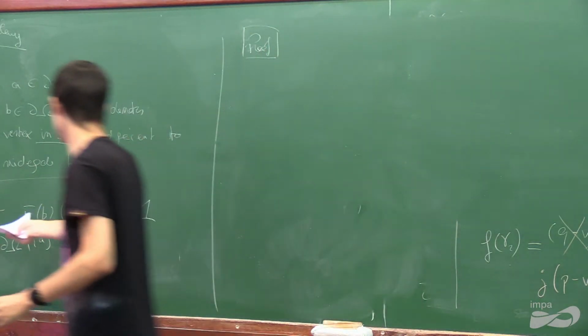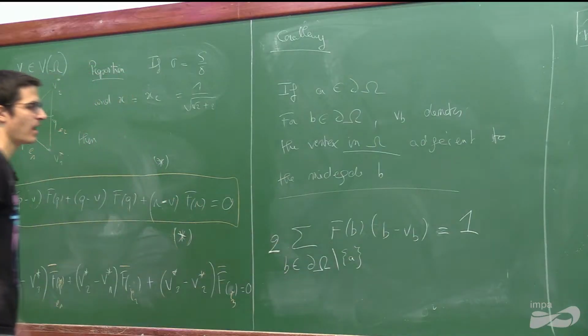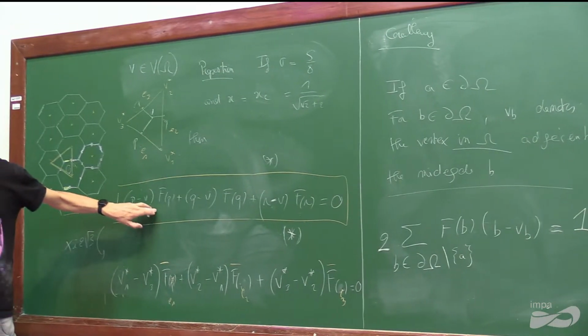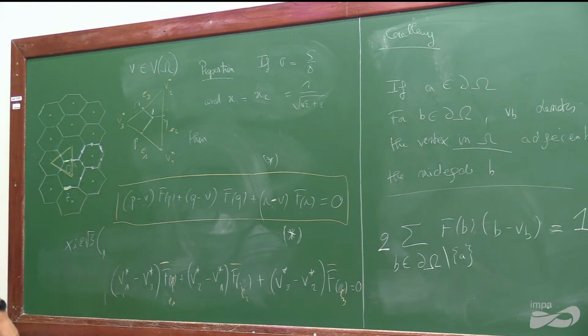In order to prove this, what you really only need to do is to sum this identity over all the vertices that are in omega.